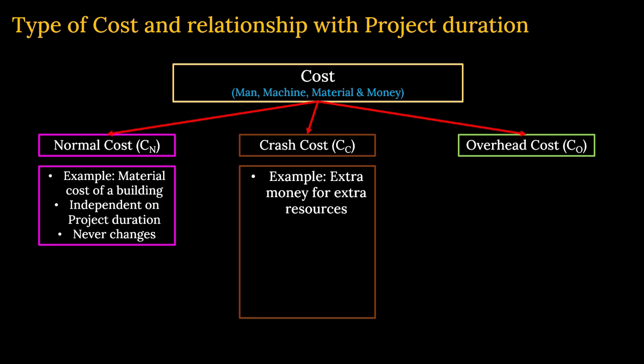To complete that in less time, we have to employ more money, more extra resources. So that means, what is the relationship now? It is dependent on the project duration. If you want to crash it by one day, a certain cost will be involved. If you want to crash it by 2 days, more cost will be involved, obviously. So it is dependent on the project duration time.